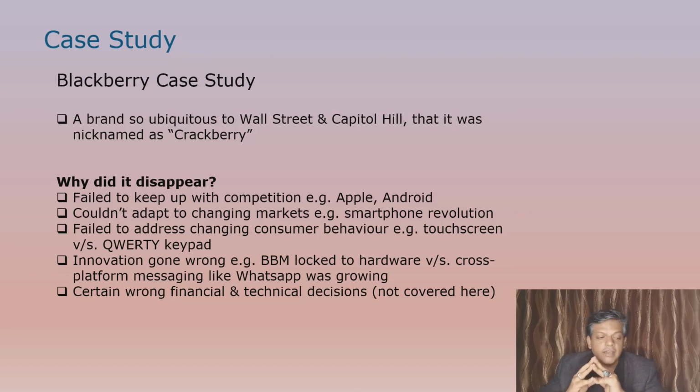There were also certain wrong financial and technical decisions which we're not going to cover here because it's not part of product management. So that's one of the major reasons why a brand like Blackberry or Crackberry eventually failed.